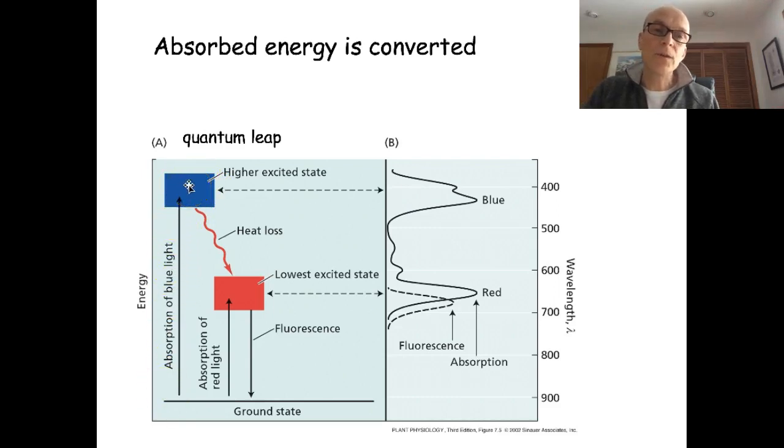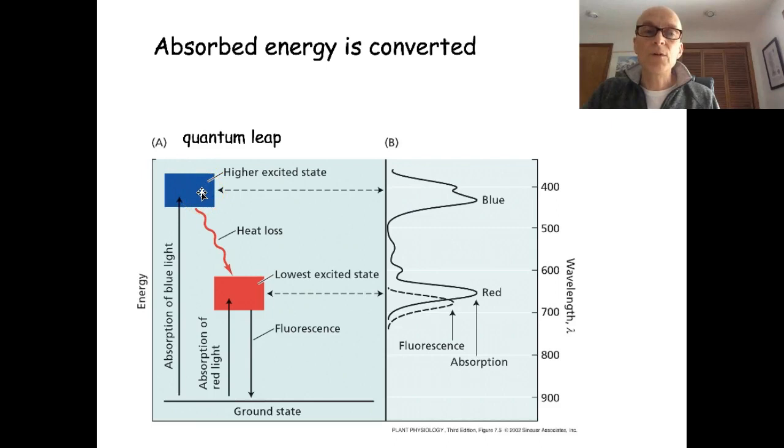So they move a little bit further away from the nucleus, and that requires some energy, and that's the energy that they pick up from the photons, from the light that strikes the chlorophyll. So light strikes the chlorophyll, electrons are being propelled to a higher excited state. Now, what happens to the electrons in this higher excited state?